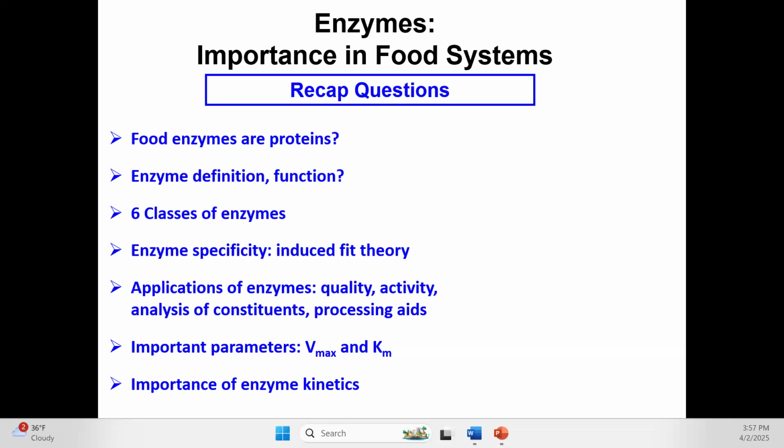Very quickly, what's the induced fit theory? We talked about lock and key theory. Is it really a rigid spot where the enzyme binds the substrate? You have the binding site on the substrate and the active site on the enzyme. They're not rigid.